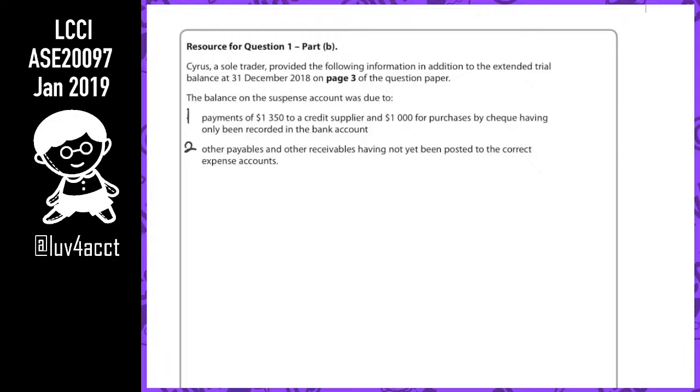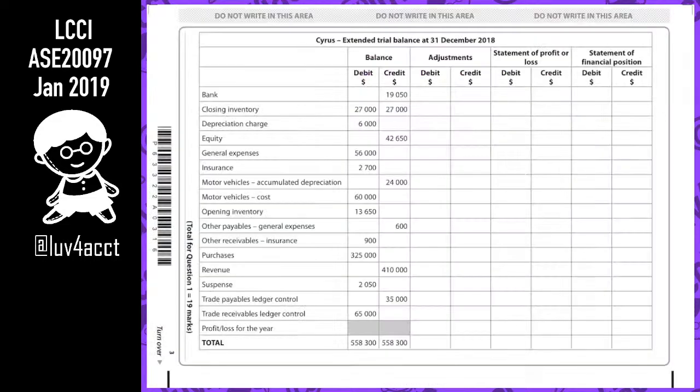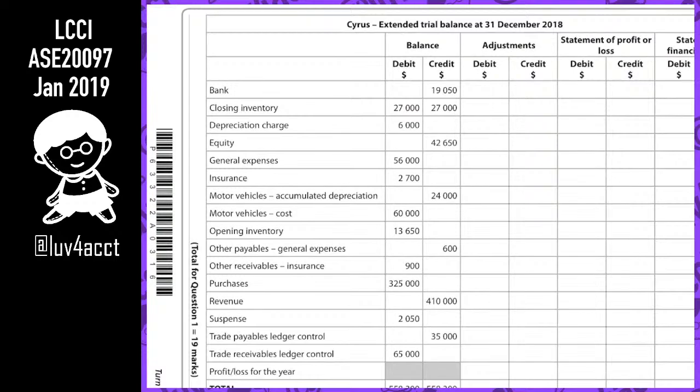So the bank account entry is done, but the payment to the credit supplier 1350 and the 1000 purchases are not done yet. So the bank account is correct.